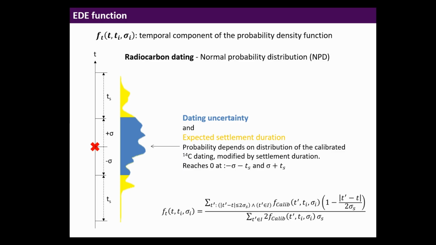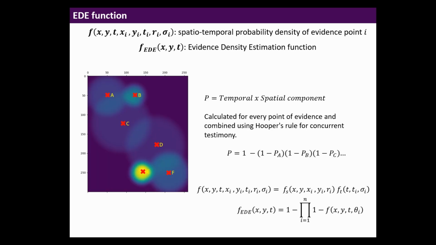So this is a way to combine the data to come to some probabilities that can then be further combined, and so the resulting spatial-temporal probability density is a result of multiplying the spatial and the temporal component, and then the probabilities stemming from the single points of evidence are combined using Hooper's rule for concurrent testimony.